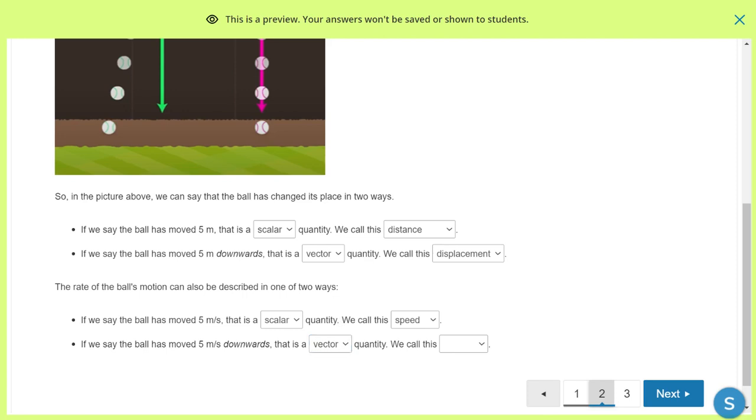And if we are talking about speed as a vector, we don't really call it speed, so it doesn't get confused as being a scalar. It is a vector. It does have a direction. So when we talk about the rate of something's motion as a vector, we call it velocity. Velocity is the vector version of speed, how fast something moves.